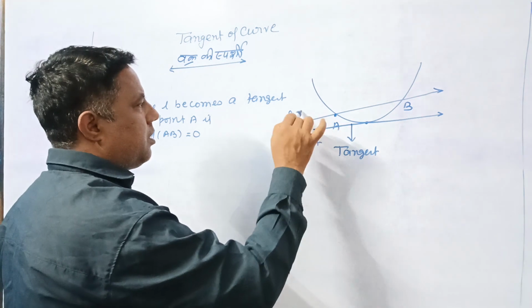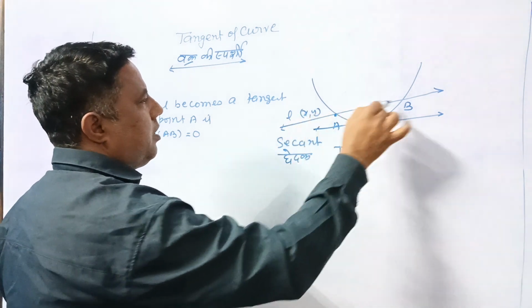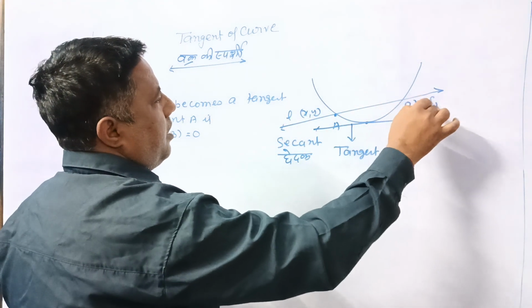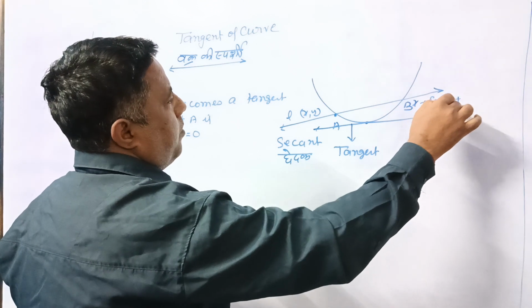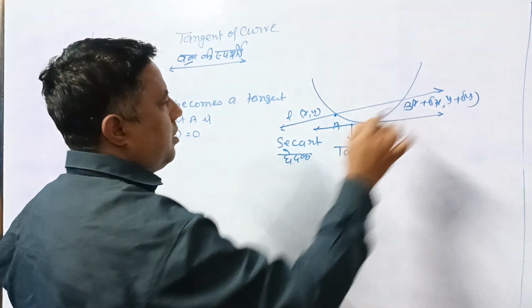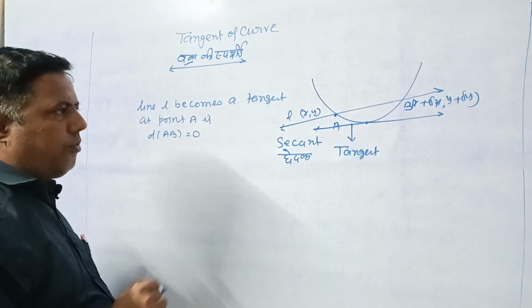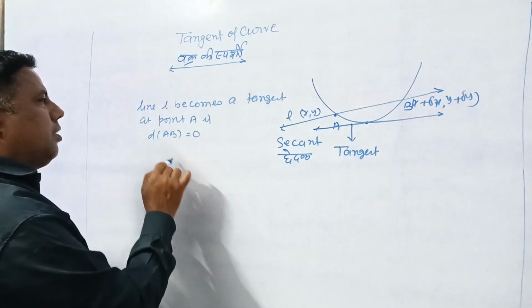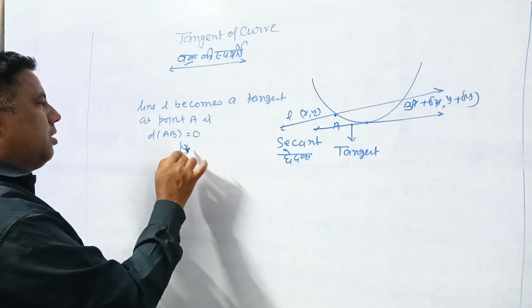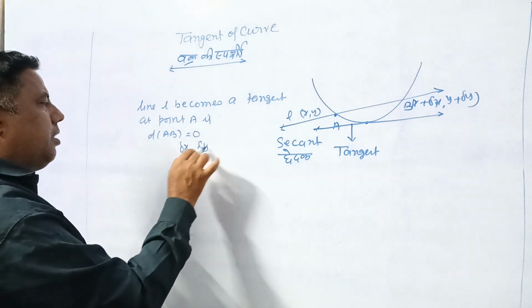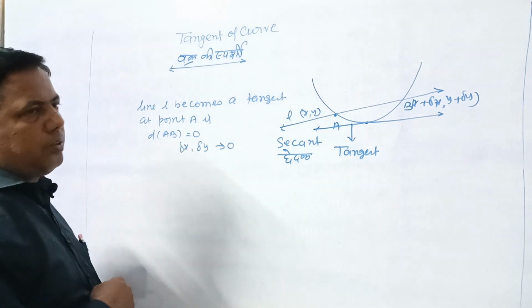If the points are x, y and x plus del x, y plus del y, then AB is the tangent at A if del x and del y turn to 0.